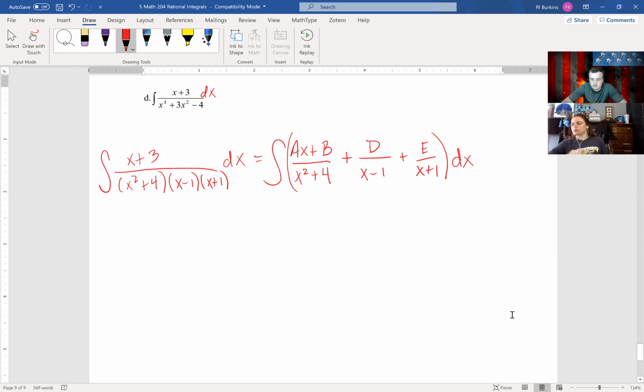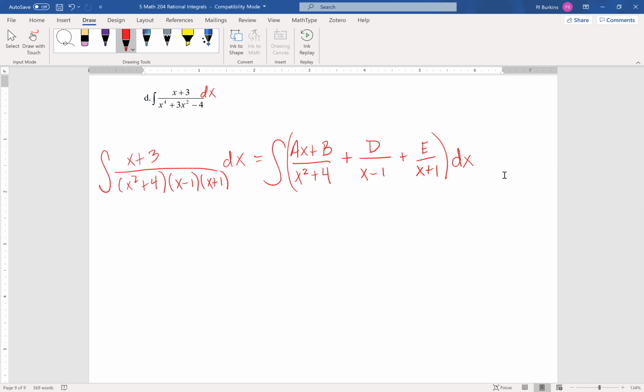Now, the reason why x squared plus 4 gets a and b is because it's x squared plus something else. If it was just x squared, then you would use that as a repeated linear factor, which we just did in the last example.